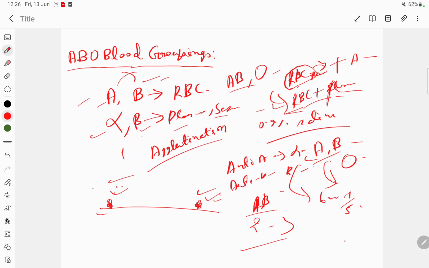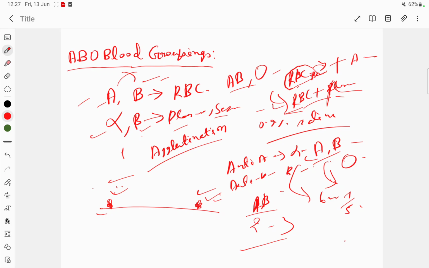First of all, the RBCs of the donor will be hemolyzed if they react with the corresponding antibodies, because the antibodies will adhere to the RBCs and destroy them, causing hemolysis, that is, excessive hemoglobin will be liberated from the destroyed RBCs.